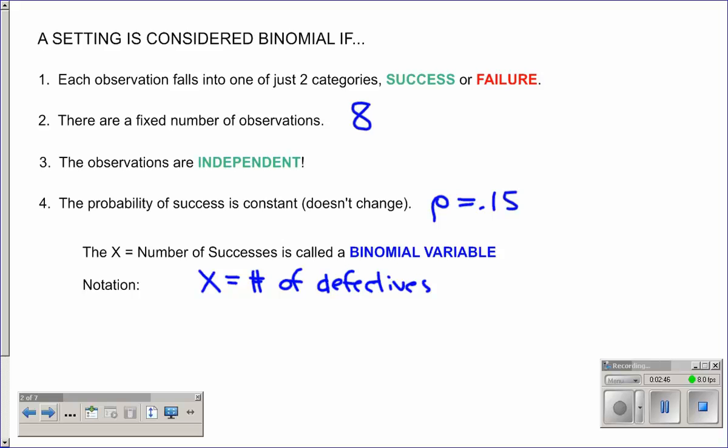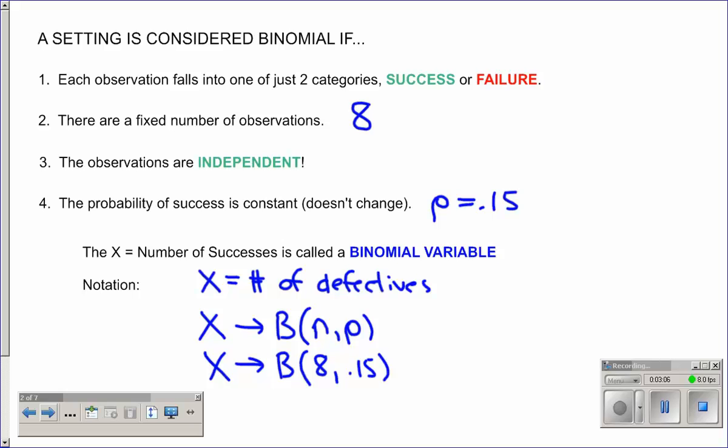This means that x has a binomial distribution, big B for binomial, and we use the letters n and p inside the parentheses. Just like we had mean and standard deviation before for normal distributions, here we're going to have n and p. So we say that x in this problem has a binomial distribution. We're checking 8 parts with a probability of success of 15%. Just some new symbols here.